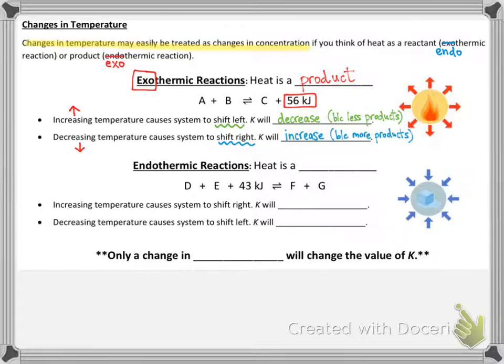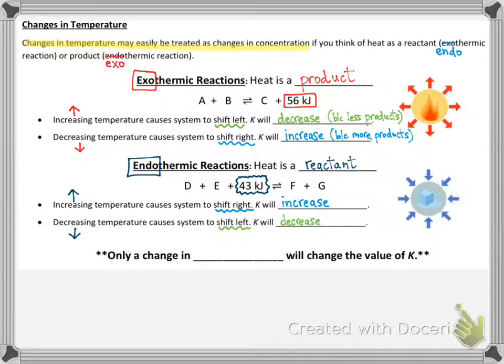And in an endothermic reaction, well, everything is the opposite because heat is a reactant. That means increasing the temperature will cause the system to shift right, whereas decreasing it will cause it to shift left. And because we've changed the ratio of products to reactants at equilibrium, the value of K will actually change.